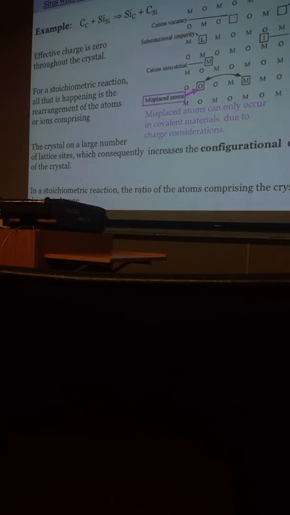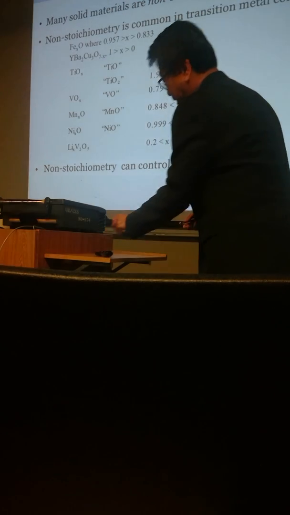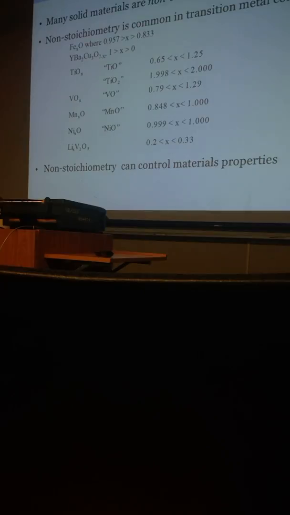Okay. So now I'm going to move into one of the important topics, called non-stoichiometry. This non-stoichiometric defect is of great importance in oxide materials. Titanium oxide, vanadium oxide, manganese oxide, all sorts of oxides basically undergo oxygen vacancies or metal vacancies, and end up never being exactly TiO2, but something like TiO2 minus x, where stoichiometry is not preserved.